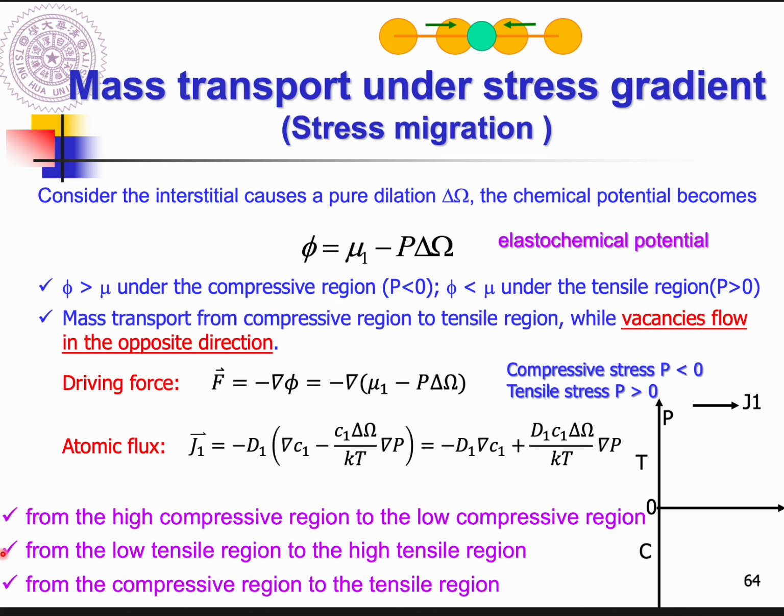So it can go from a high compressive region to a low compressive region. High compressive region means more negative, moving to a smaller negative. So from this one to this one, or low tensile to high tensile, or compressive region to tensile region. Okay, so now you have some idea how the atoms move along the stress field, right?